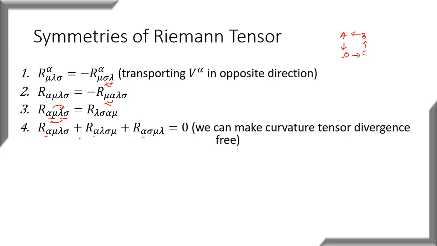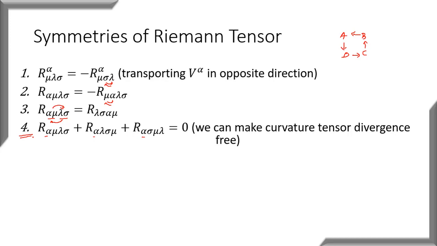And see, this form over here, the symmetry 4, actually tells me that the curvature tensor is divergence free. And this very notion that the curvature tensor is divergence free holds a very important role, because in general, when we think about anything which is happening in the space-time, we have a source, and this source we represent as a stress energy tensor.